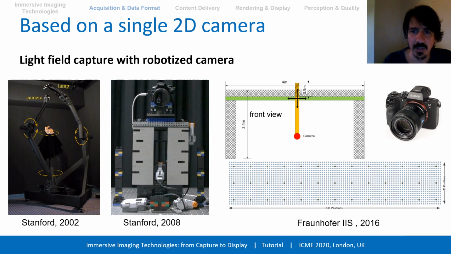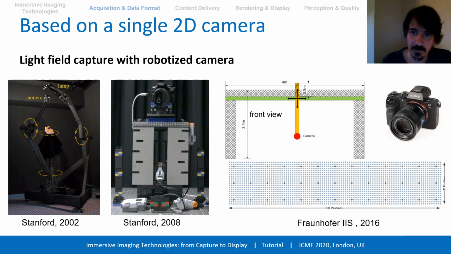With this system, the light fields have a resolution of 17 by 17 views and around 1000 by 1000 pixels per view. Finally, on the right, we have a diagram of a system implemented in the Fraunhofer IIS lab more recently, where the light fields capture have a resolution of 101 by 21 views, and each view has a 4K resolution. So this illustrates well the dense sampling that can be achieved by such system.